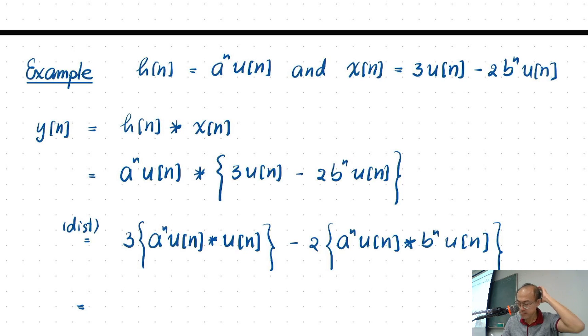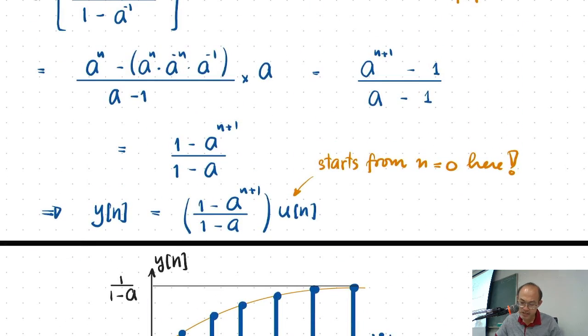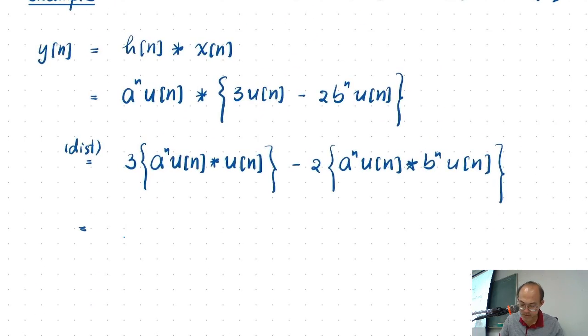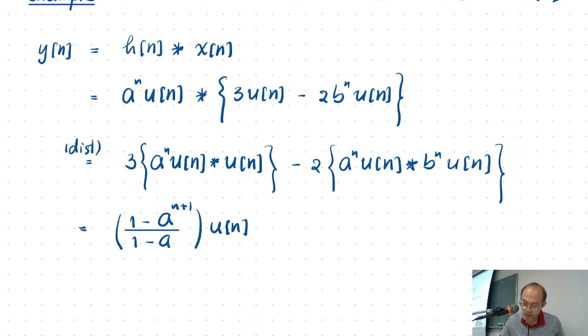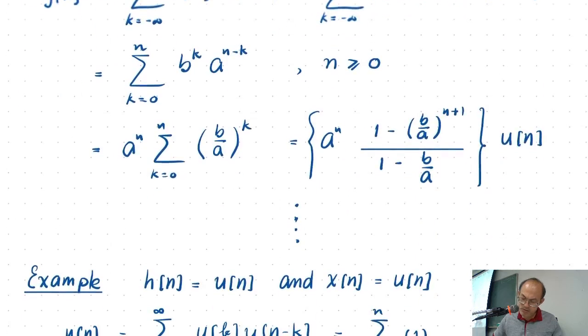In the first example, I'm just going to copy it here. This is the left term. We did this already, so I'm just going to copy it. I'm not sure if you recall. This is the first term, but I have to remember to put 3 at the front, because we have 3. Now, as for the second term, I think I did this already, but it was right here.